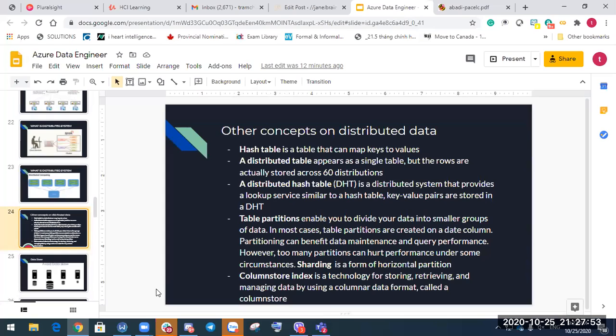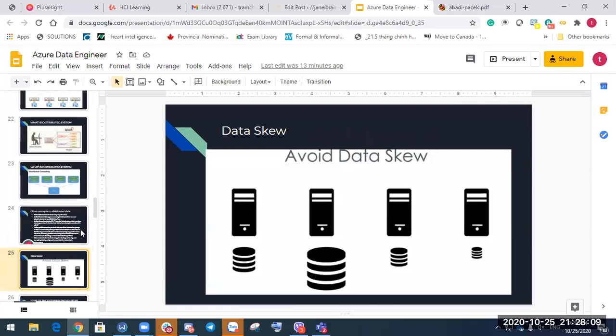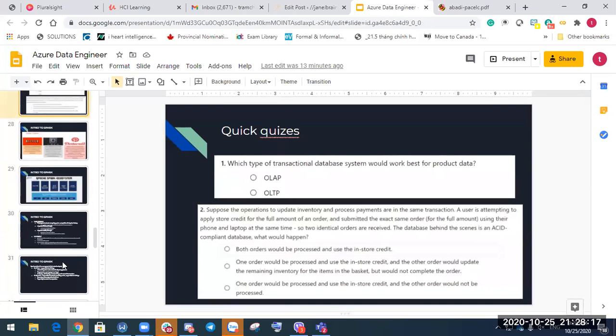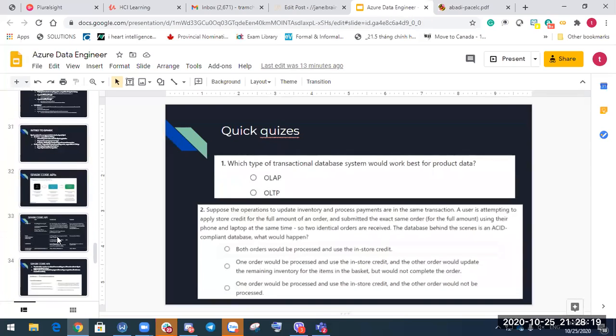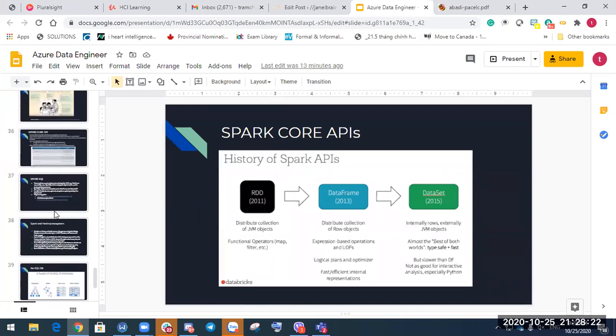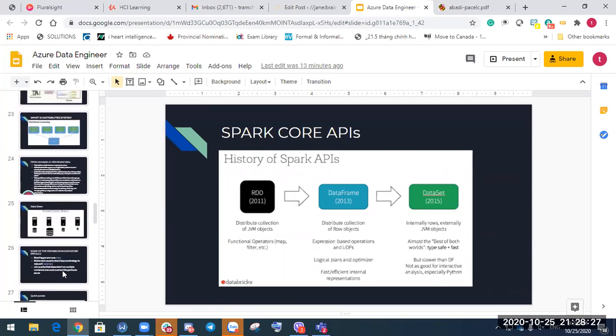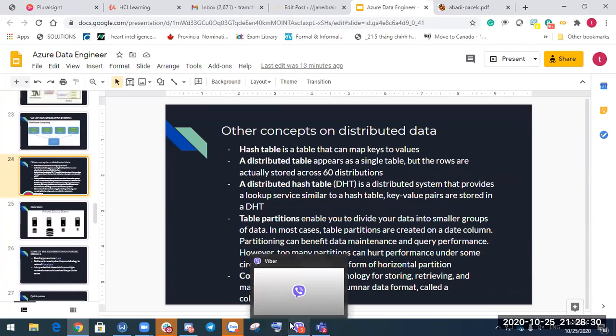A partition here doesn't mean a break in the network, but just a way to divide data. Sharding is the horizontal way of partitioning. We'll go over each of these so we can understand them. We also have more concepts like data skew and some pitfalls of sharding. After that we have about 10 minutes, and then I will talk a little about NoSQL and also some security features. So let's go back here.